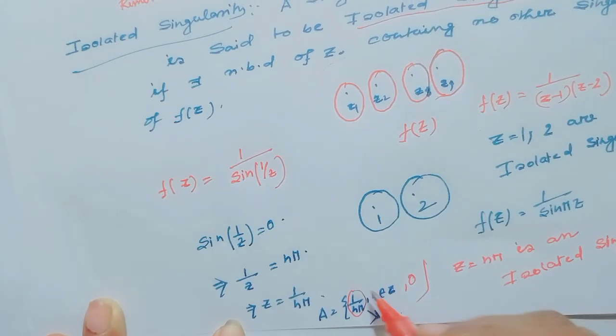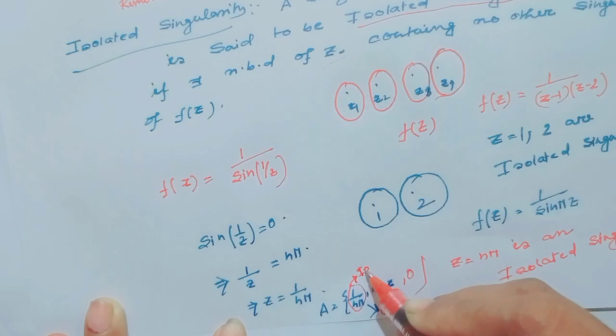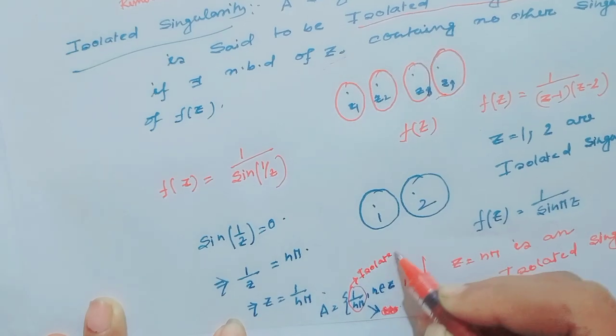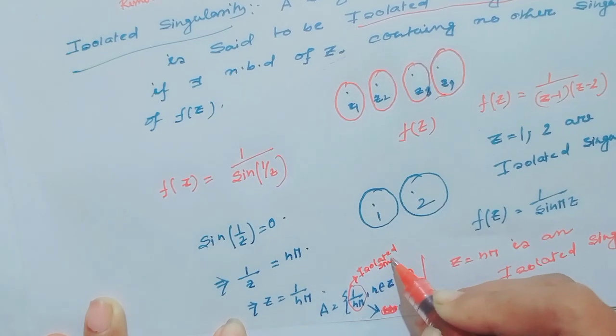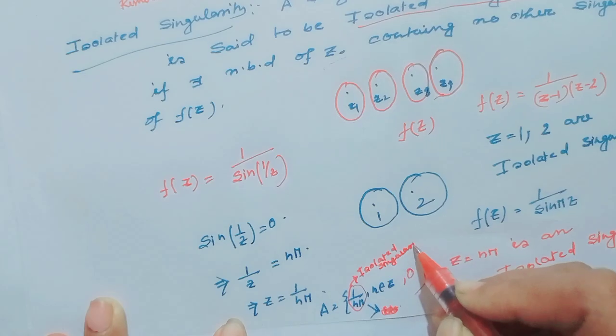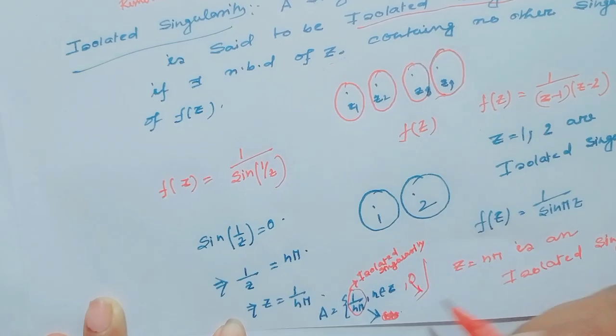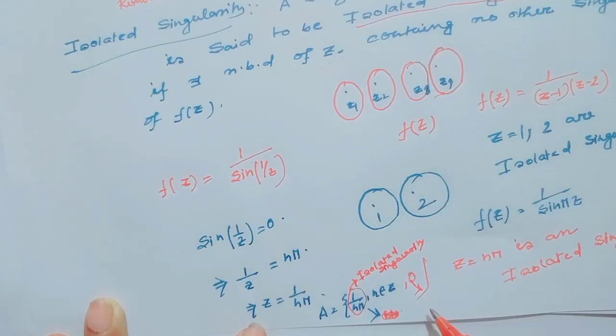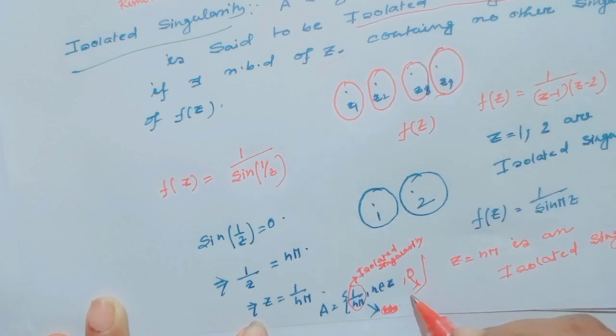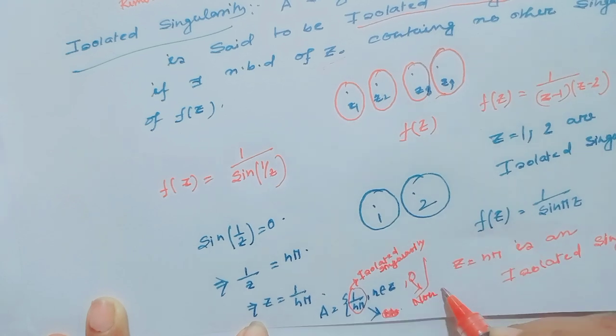That means 1 over n pi is an isolated singularity, and since 0 is the limit point of the singularities, 0 is a non-isolated singularity.